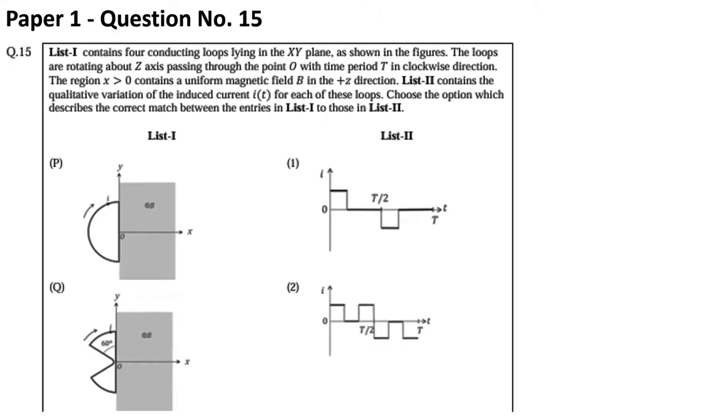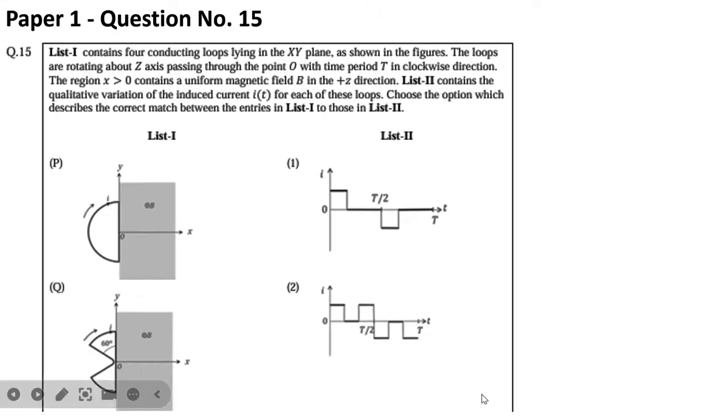Magnetic flux will only appear when the loop leans from vertical into the rightward direction, until it is totally horizontal like this. Okay, so for this part, understood? So we can see that the current will be there for half the time.